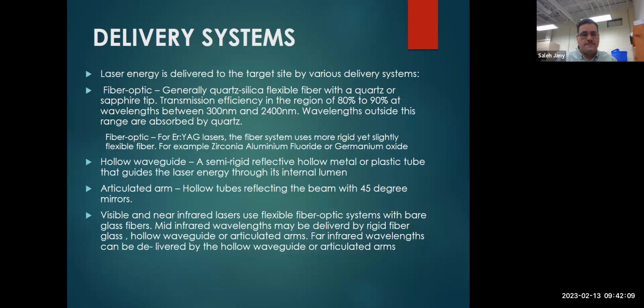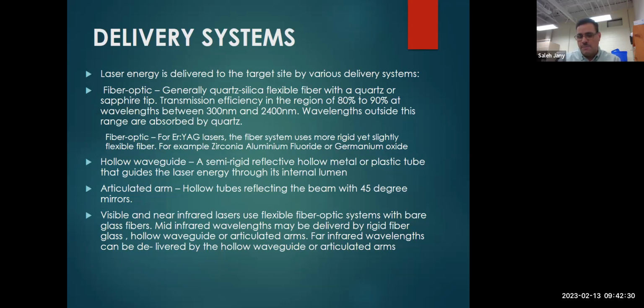So you need an articulating arm, you need the mirrors. So when we work with the CO2 laser, we use mirrors. Usually it has a tube and articulating arm, while with erbium YAG and Nd:YAG, you can use flexible fiber optics.